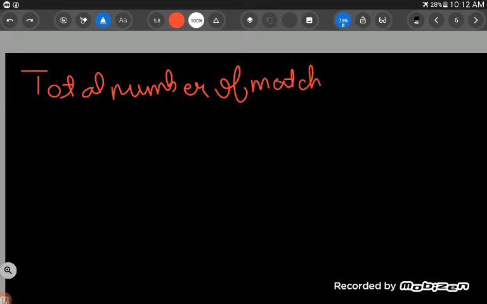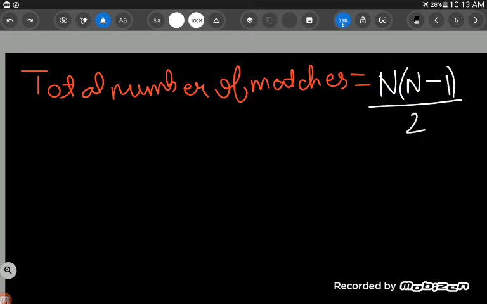Total number of matches in a league tournament is n into n minus 1 upon 2, when you draw the fixture through any method, staircase, cyclic or tabular, in a single league.